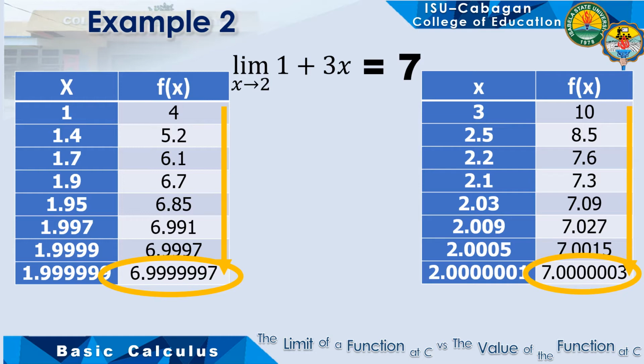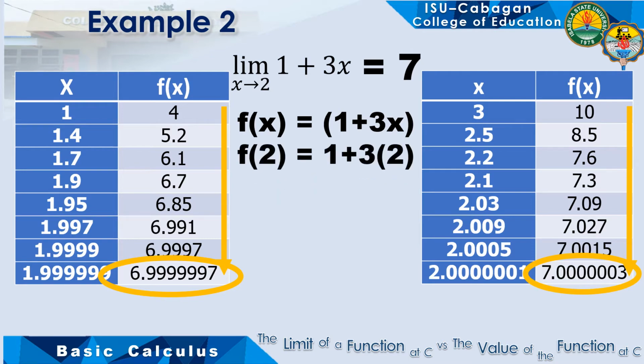Now we are going to find the value of the function 1 plus 3x at x equals 2, that is f of 2. So our function is 1 plus 3x. f of 2 is equal to 1 plus 3 times 2. We just substitute the value of 2 for x. So f of 2 equals 7.